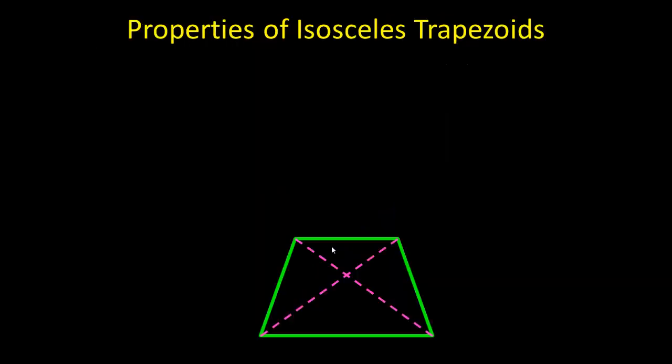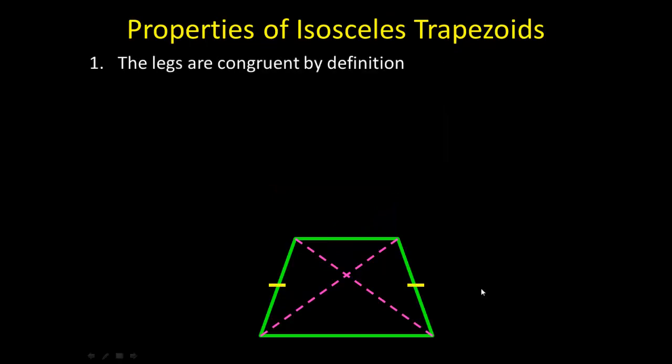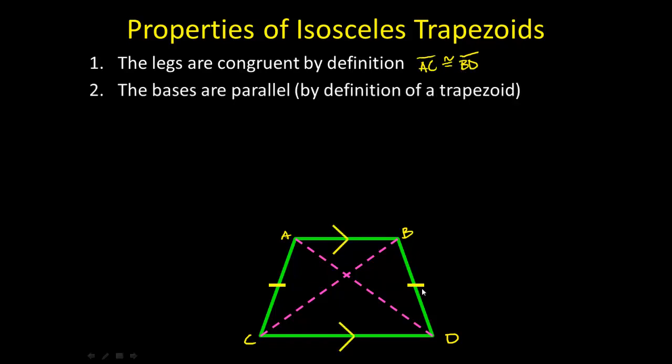All right, properties of an isosceles trapezoid. Last one. The legs are congruent by definition. We kind of knew that, though. So if I label this A, B, C, D, AC would be congruent to BD. The bases are parallel by definition of a trapezoid.